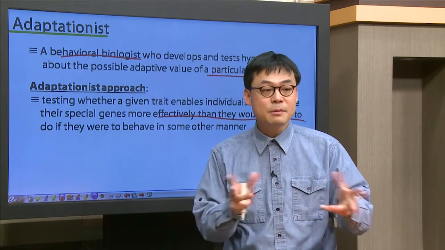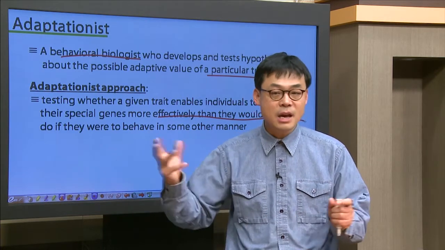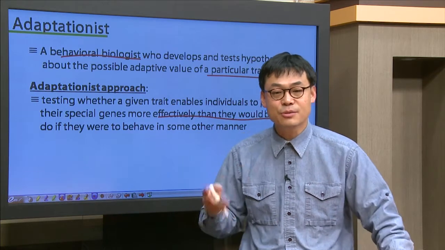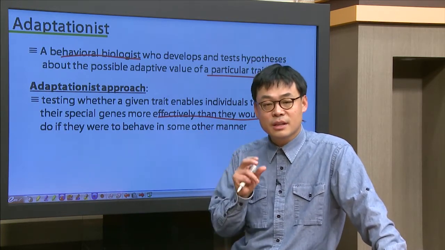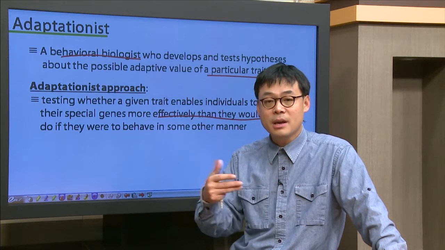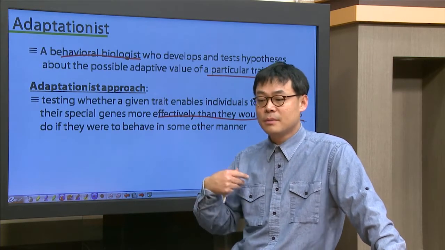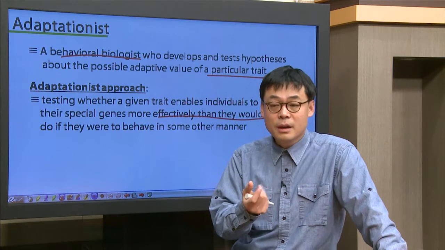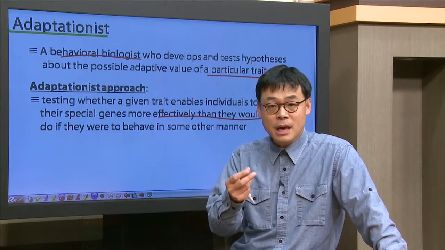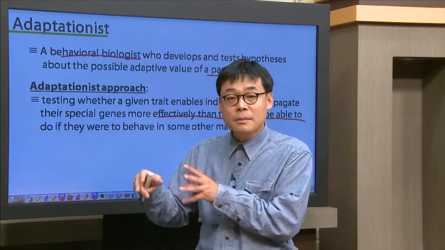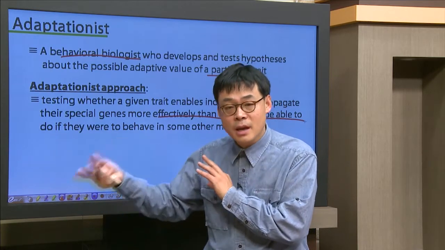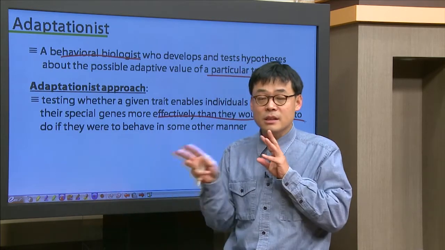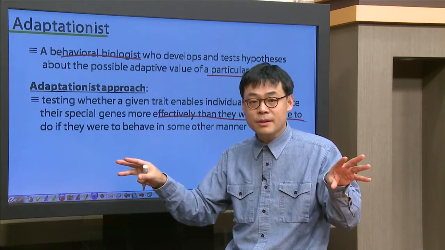How do you look at animal behavior? Take some behavior that sometimes doesn't really make sense. Then what you should do is study the adaptive value of that behavior. You study the adaptive value of the behavior, then look at some alternative behavior and also study its adaptive value, and compare the adaptive values of these two different behaviors.